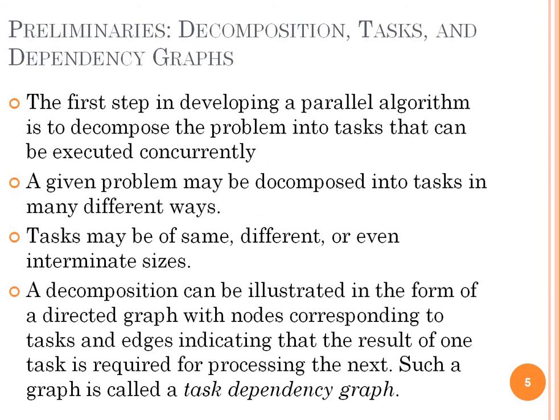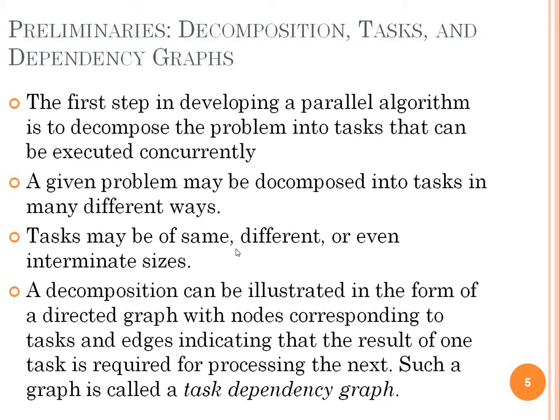Now next is preliminaries of decomposition, task and dependency graph. As we have seen the definition of decomposition, we can divide entire task into number of subtasks, that is called as decomposition. Now first step in developing a parallel algorithm is to decompose the problem into tasks that can be executed concurrently. A given problem may be decomposed into tasks in many different ways.